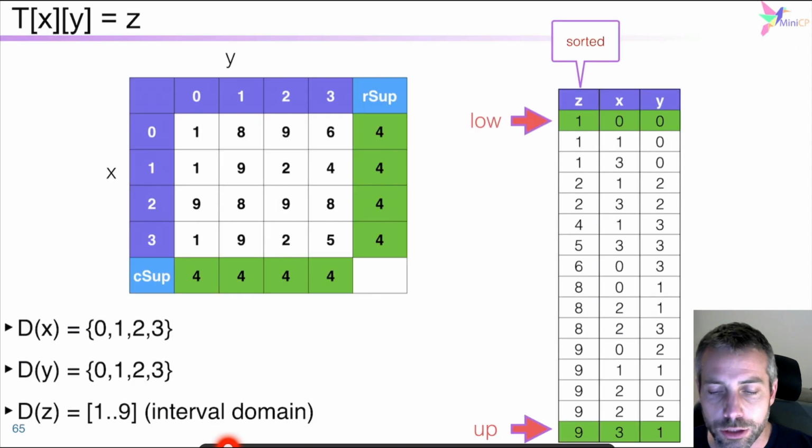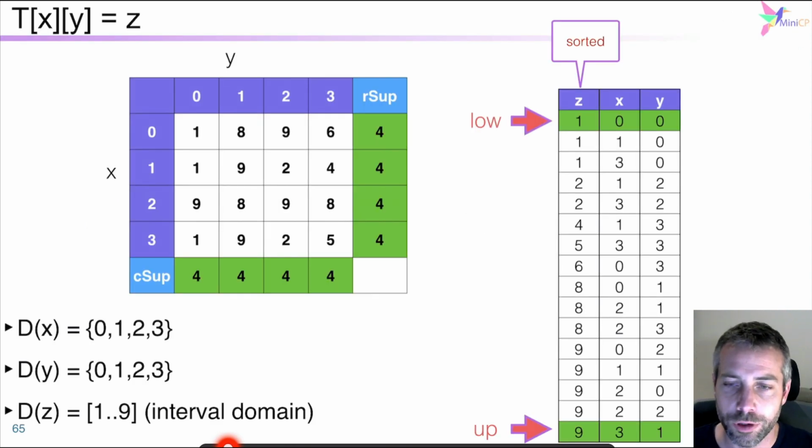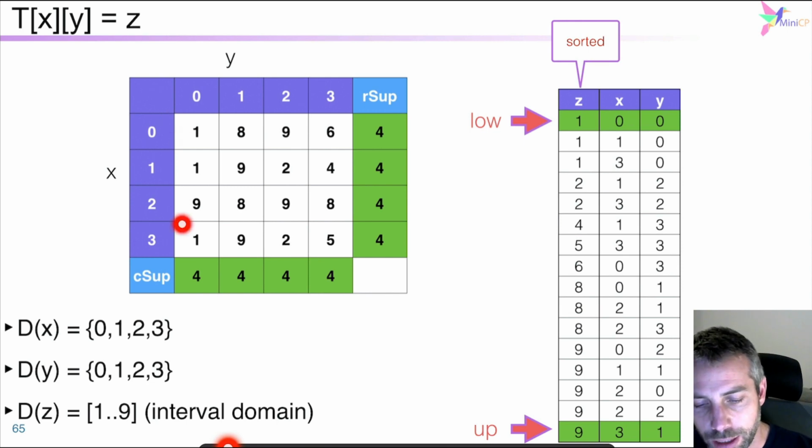Let's study the propagators for that constraint, and first we will illustrate it on a small example. That's the two-dimensional array there, and you see that the indices are represented here, so 0 to 3 for x and 0 to 3 for the y variable. What we will do is that for each entry, for each cell of the two-dimensional array, we will create a triple in this table.